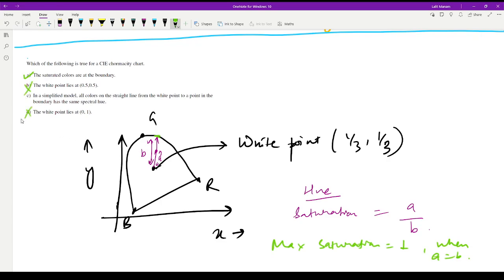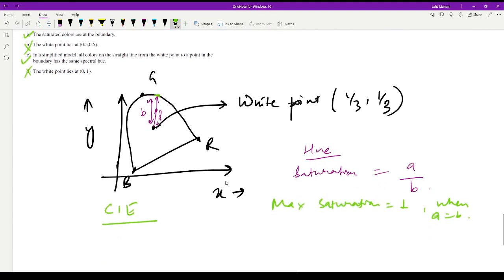Similarly, the fourth one is also false. In a simplified model, all colors on a straight line from the white point to a point on the boundary have the same spectral hue. Yes, sir. For the basic model that we are looking at, for the CIE chromaticity model, it is true.